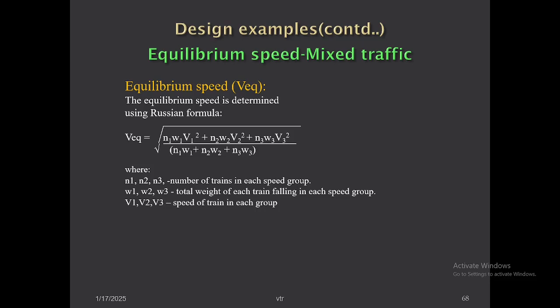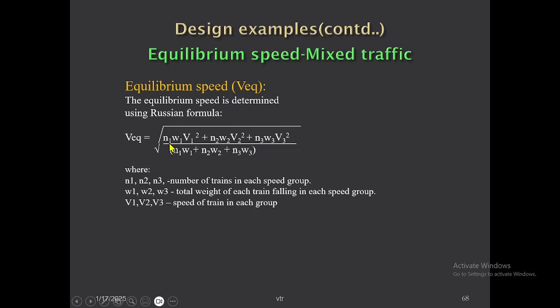In order to find the equilibrium speed, we use one formula. It's a Russian formula, a weighted average method. The equilibrium speed is equal to the root of the number of trains in a particular group, having a tonnage of load and a speed for that group, then the second category, then the third category.